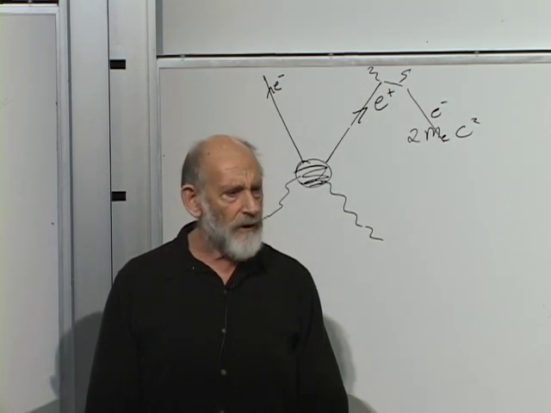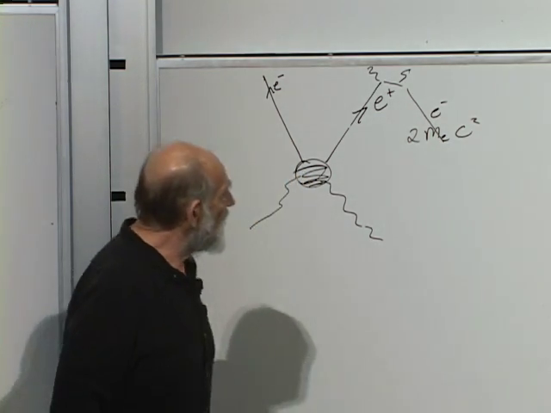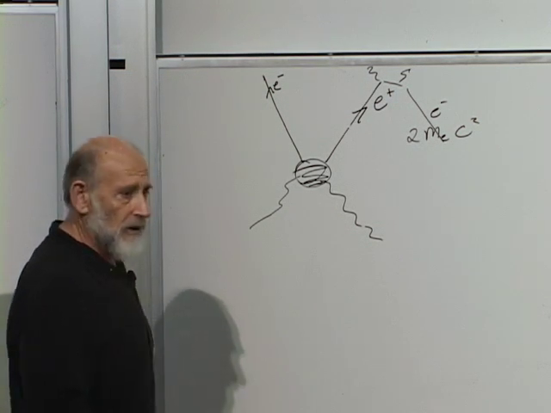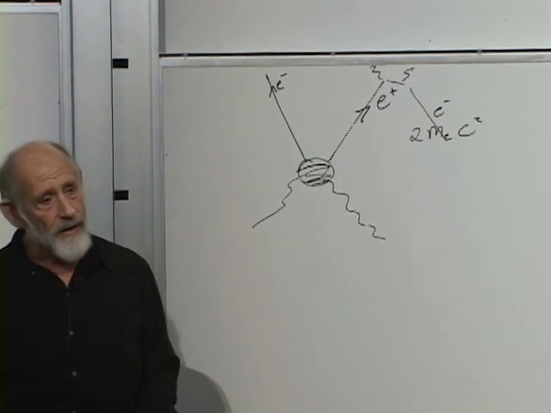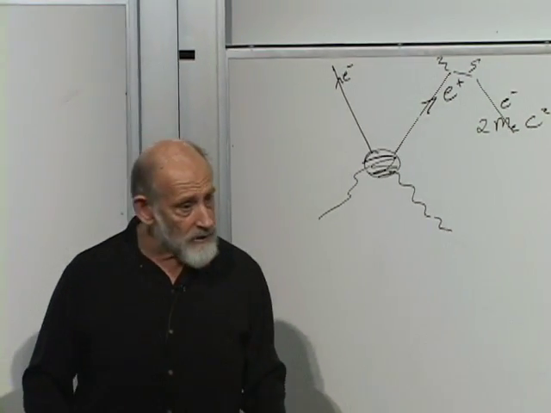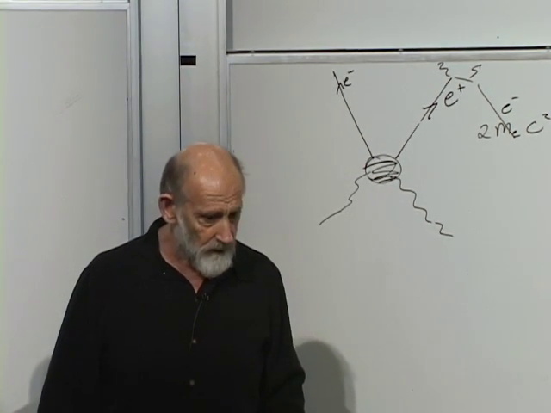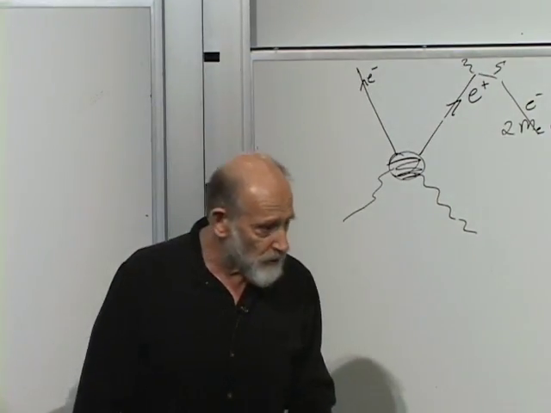This is a very, very dense soup of charged particles. But what about the protons? The protons are still present. Incidentally, they're rather dense by now, millions of times denser than they are in this room.